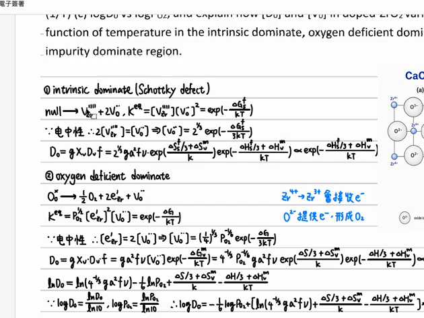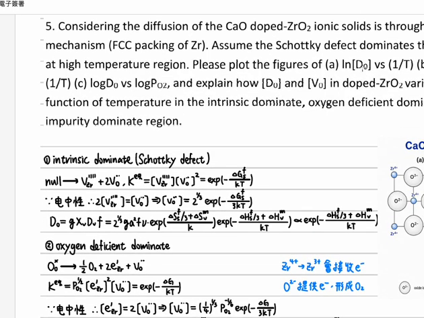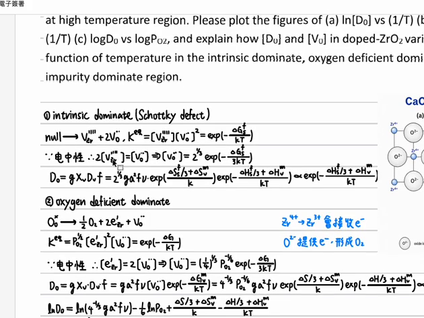And as we know, as long as you have one mole of vacancy at Zr, you will have 2 moles of VO, right? So 1 times 2 equals 2. Here the equation is not zero, it's O, so everything I need to replace as VO.